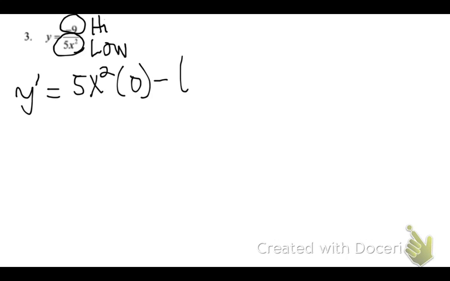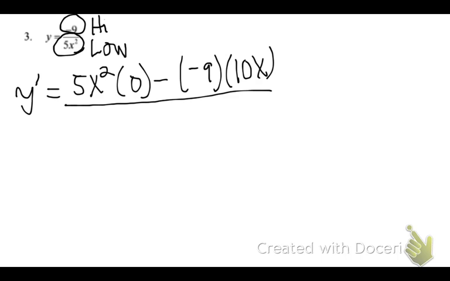Minus high d low. The derivative of the denominator is 10x divided by the denominator squared.